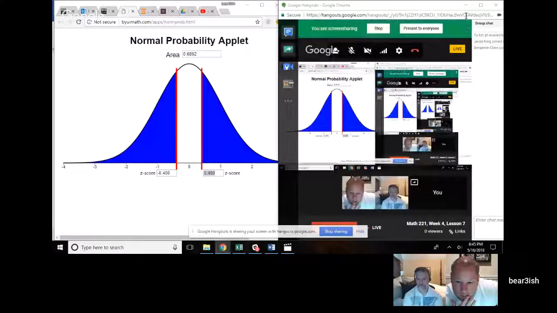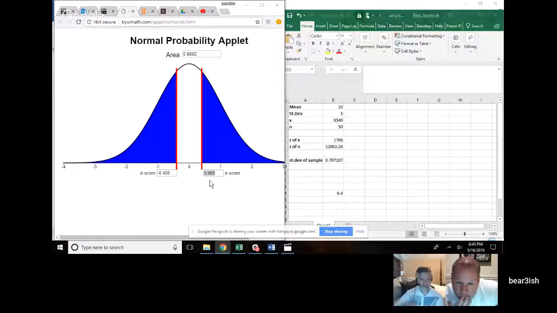All right, so I just calculated the z-score, and the z-score is 0.4 for 12. So then I'm just going to plug it into the applet. Yeah, you should get 0.3446. Yeah, let's see. -0.4. Okay.